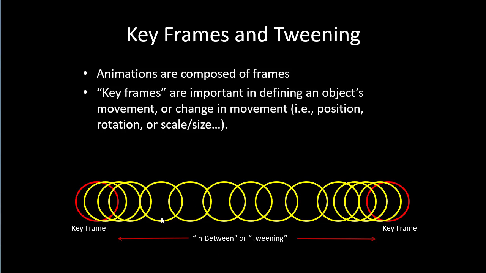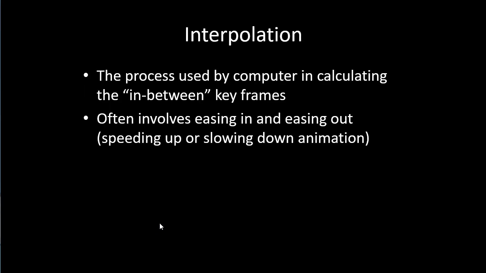And that's done automatically by the software. We don't have to draw each frame of the flip book. That interpolation is done for us using a process. The computer uses a process in calculating the in between and the keyframes. And that often involves things like easing in or easing out for us, or speeding up or slowing down the animation.